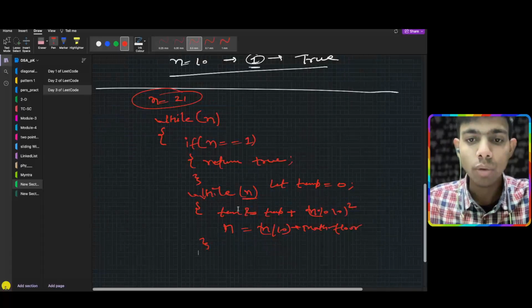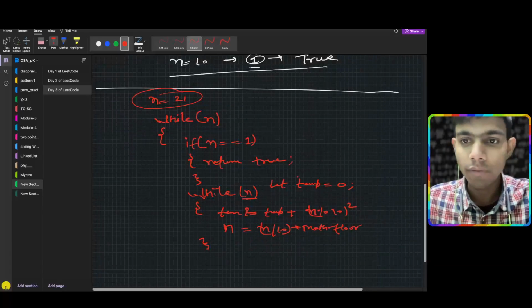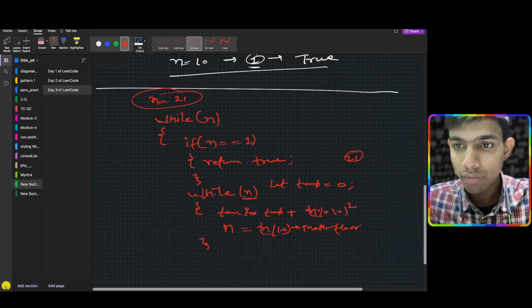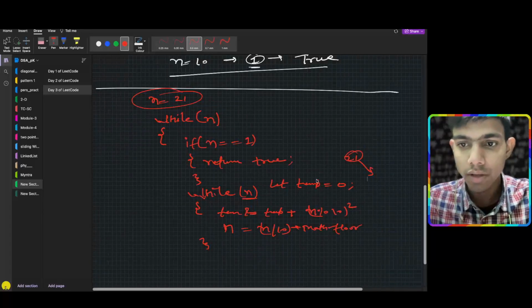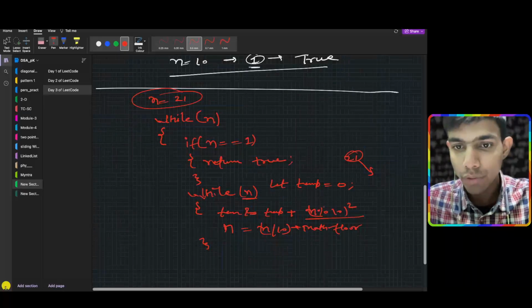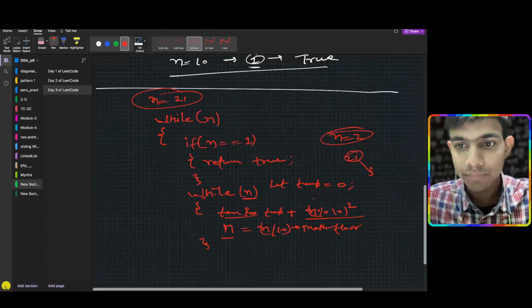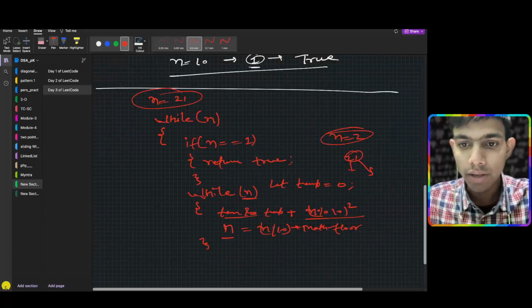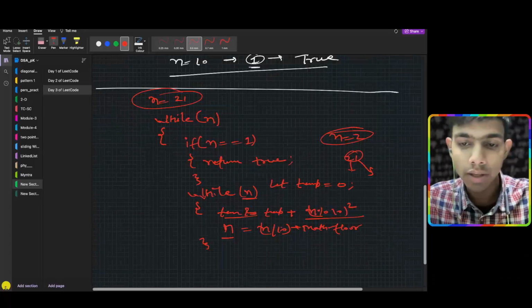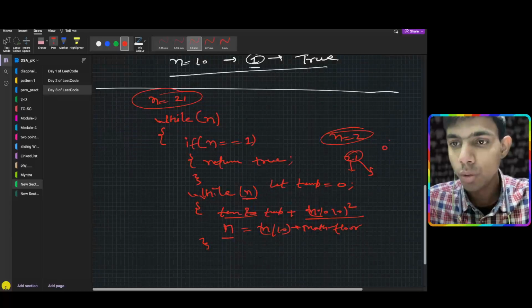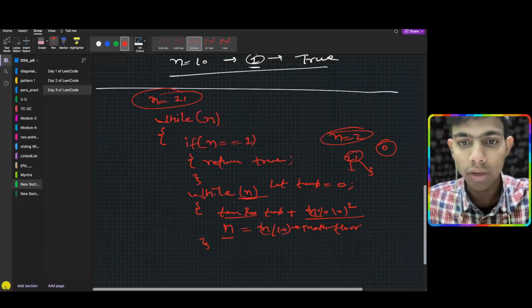By which, firstly n is 21, so 1 will be released here, 1 square plus equal temp, and then n will be 2, and then 2 modulo 10, 2 square, and then 2 divided by 10, that means 0, and if n is 0, it will not run.